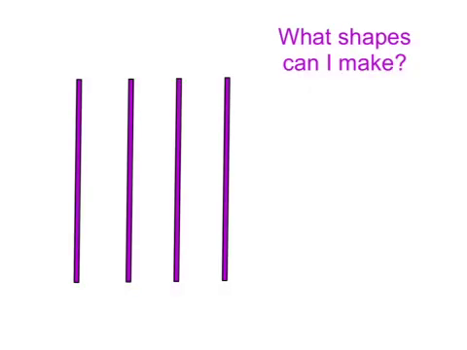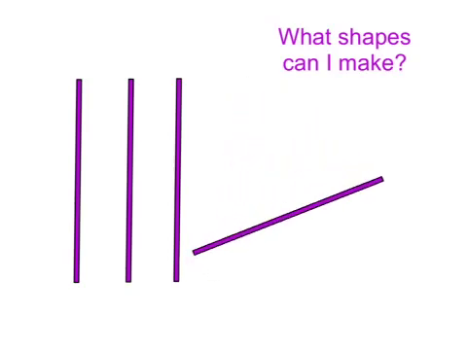Okay, here's a challenge for you. I've got 4 sticks here that look like edges. What shapes can I make with these 4 sticks? Remembering that they're all the same length. Let's have a go.